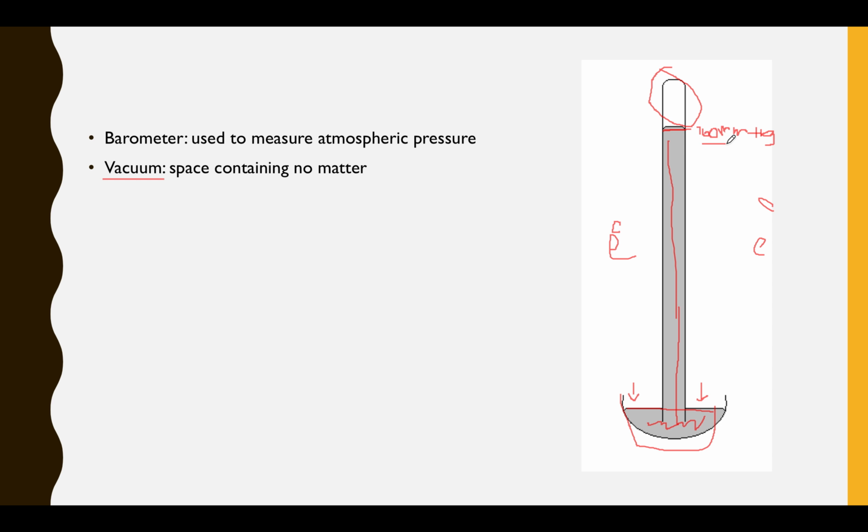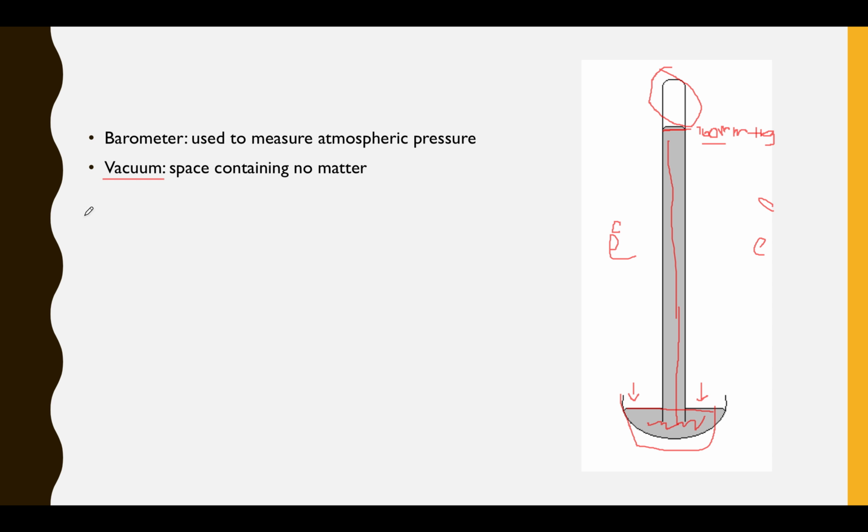So 760 millimeters of mercury is what we use to measure atmospheric pressure. If we are at a higher altitude, such as Mount Everest, the height of mercury will be much lower because of the lower atmospheric pressure. The distance the mercury has risen to, 760 millimeters of mercury, is our standard pressure.